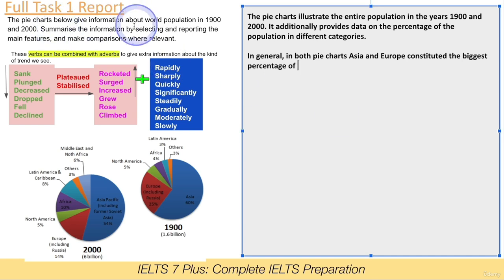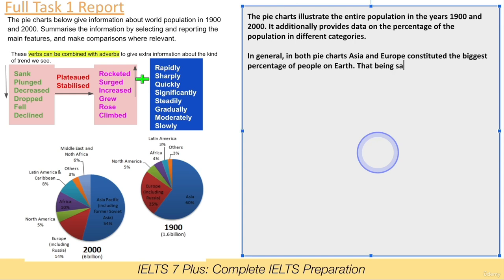For we don't want to always repeat world population. The entire population, people on Earth, perhaps. There we go. The biggest percentage of people on Earth.